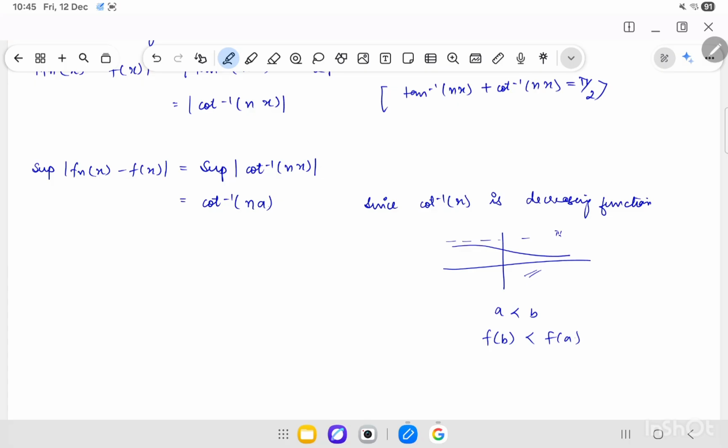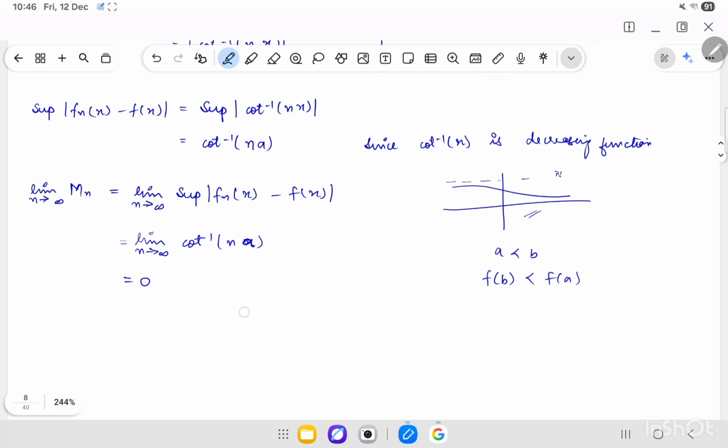Now if I evaluate limit n approaches infinity Mn, which will be equal to limit n approaches infinity of the supremum of the absolute value of fn(x) minus f(x), which will be equal to limit n approaches infinity cot inverse na. So it will be equal to 0 only.